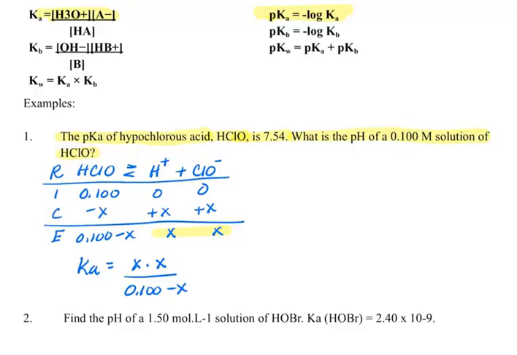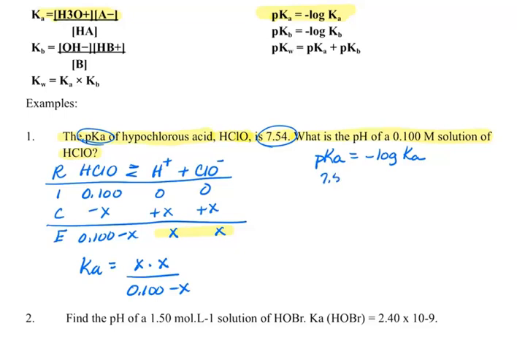Now the question is, can I find my Ka value? So now that's another piece of it. Because up here, I know that my pKa is a negative log of my Ka, and they tell us that the pKa is 7.54. So we know that number.